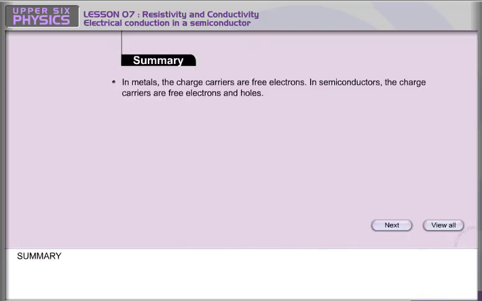Summary: in metals, the charge carriers are free electrons. In semiconductors, the charge carriers are free electrons and holes. Holes are considered as positive charge carriers.